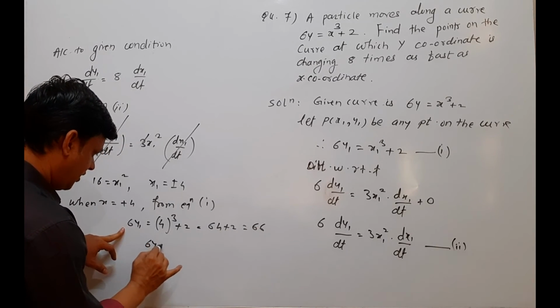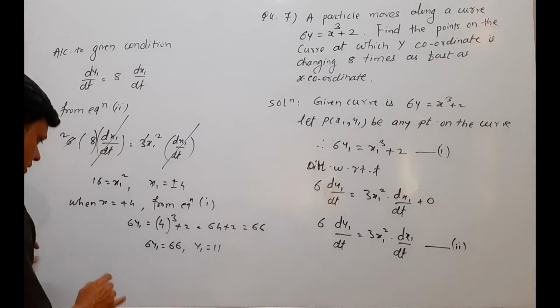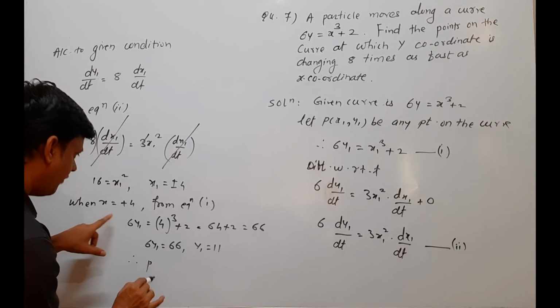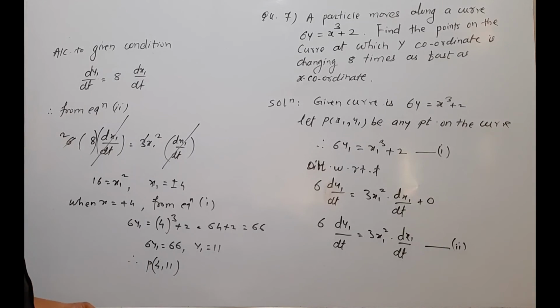So 6y1 is equal to 66, that means y1 is equal to 11. Therefore the first point we consider as P of 4, 11. Now we have to find the second point.